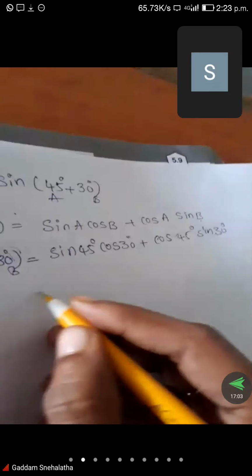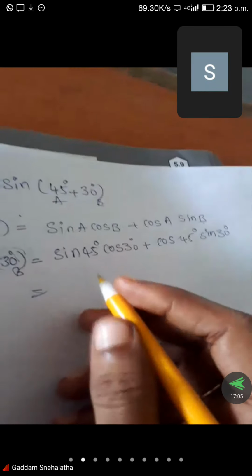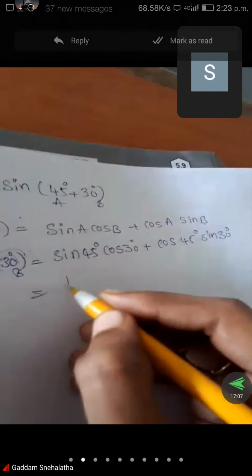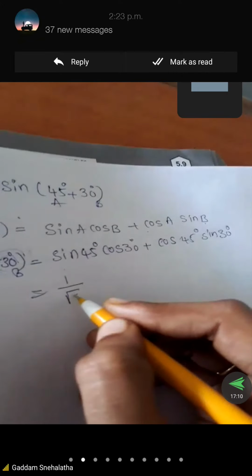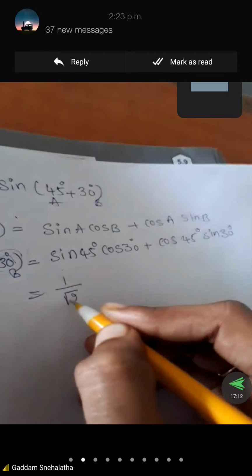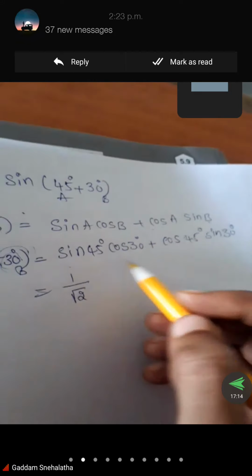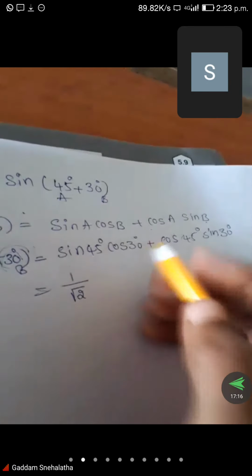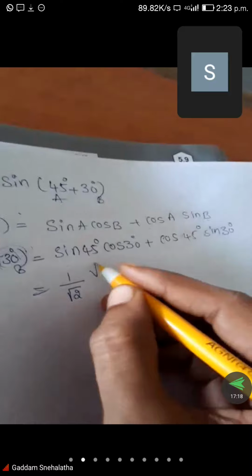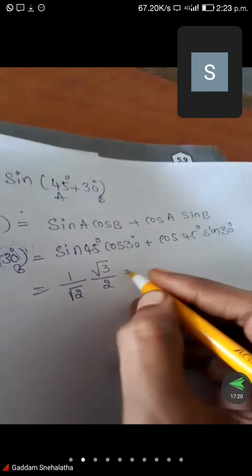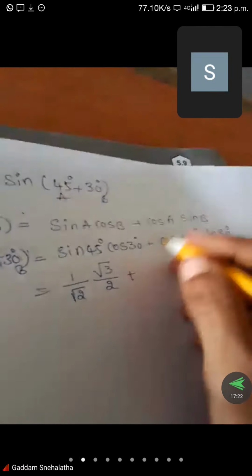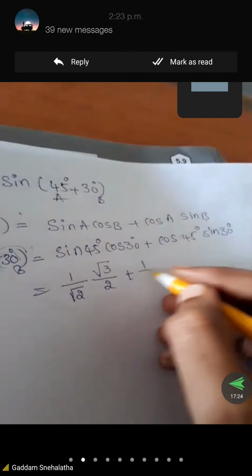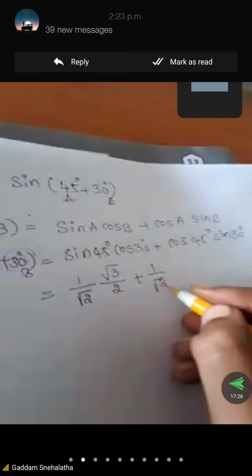Now sine 45. What is the value of sine 45? 1 by root 2. And cos 30? Root 3 by 2. Next cos 45 degrees is 1 by root 2.